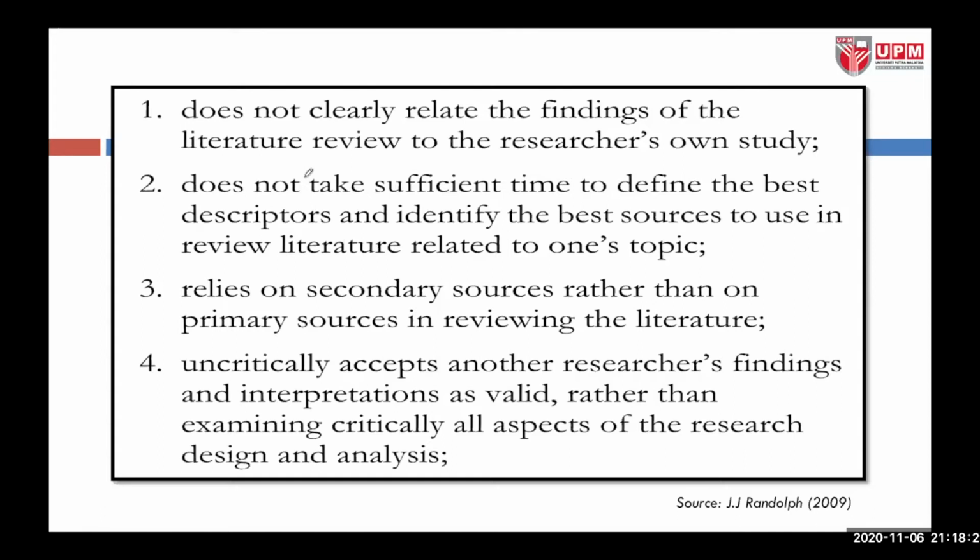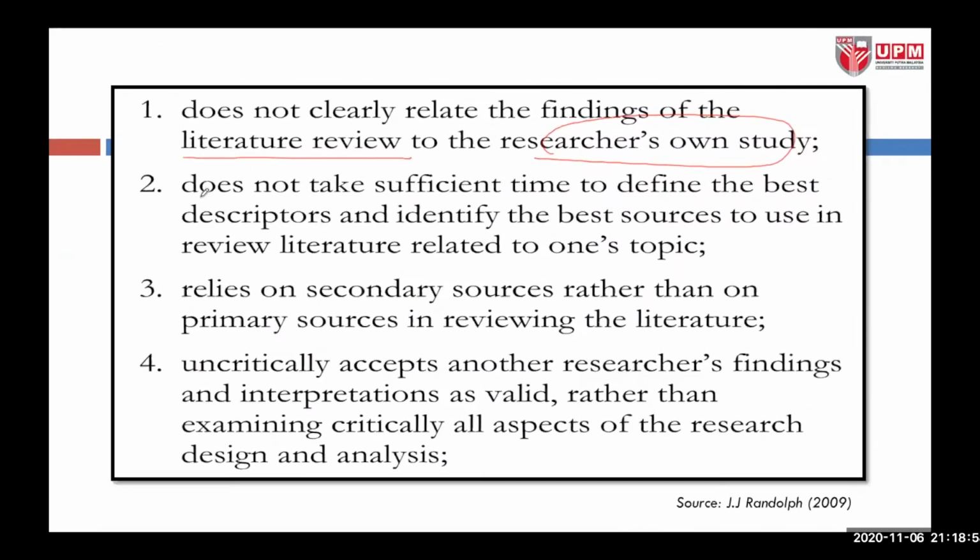They end up with 100 pages just for chapter 2, the literature review. At the end of the day, the examiner says, just throw that away. We want only what is related to your work. So you have to find which parts of the literature are related to your study. How to do that?